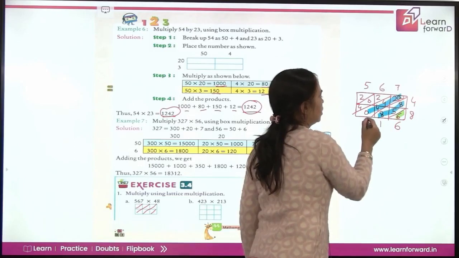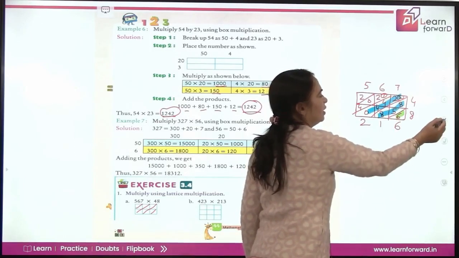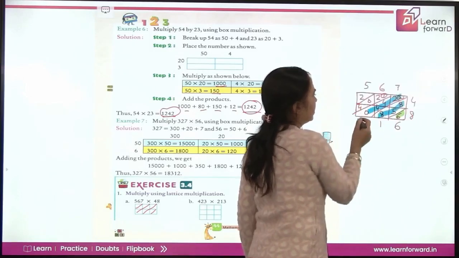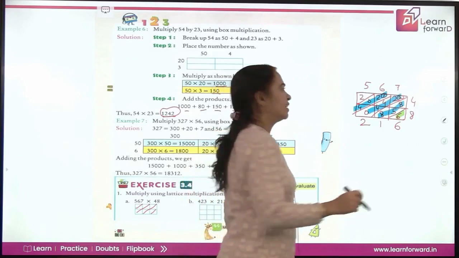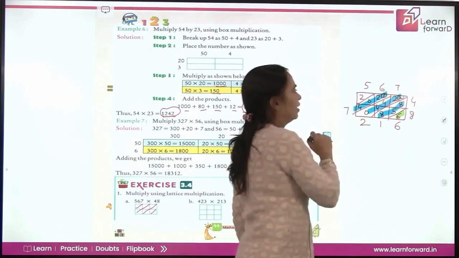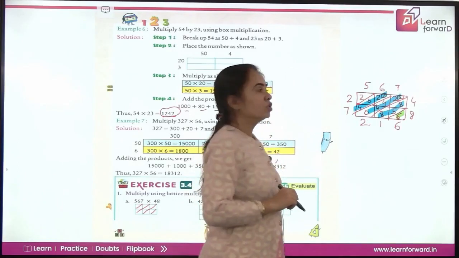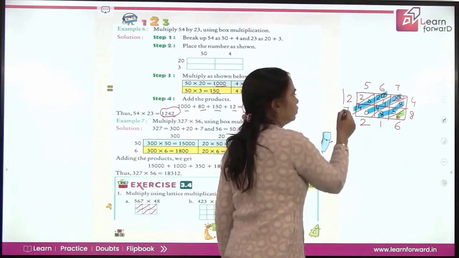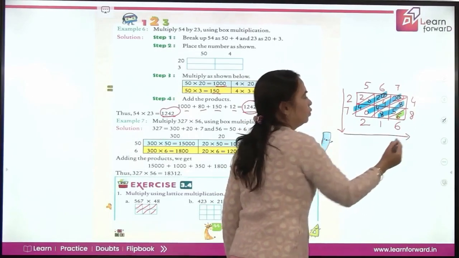So this is 2. Again, when carrying over, we will write in the next slant. Let's take the next, add them all again. What do you get? 7. So the next number is 7 here. And finally, in the last, you have just 2. So how will you be adding? 2, 7, and then move this side 2, 1, 6.